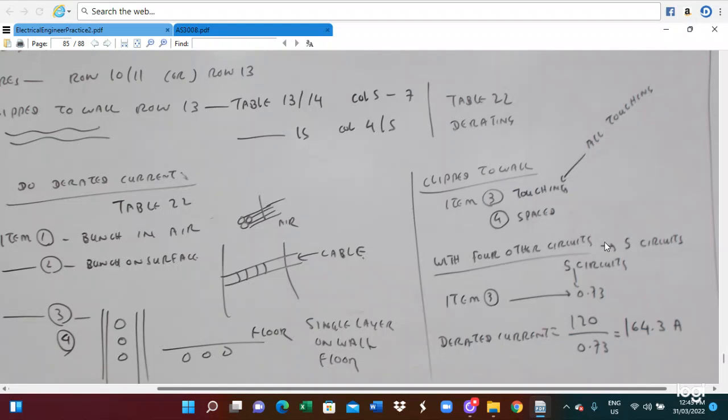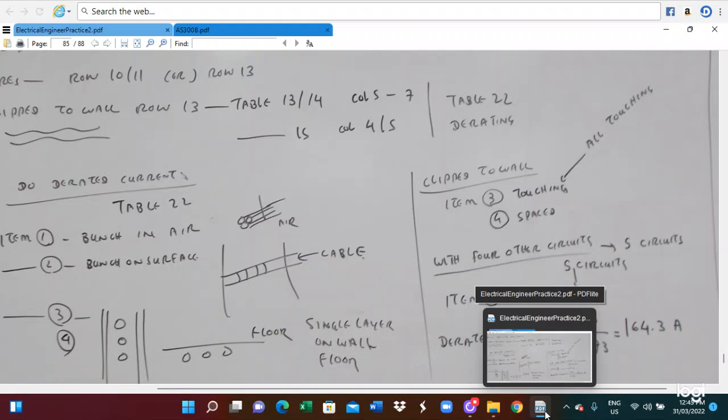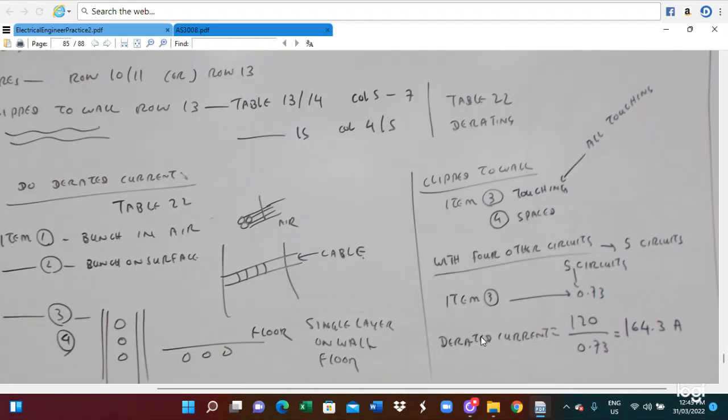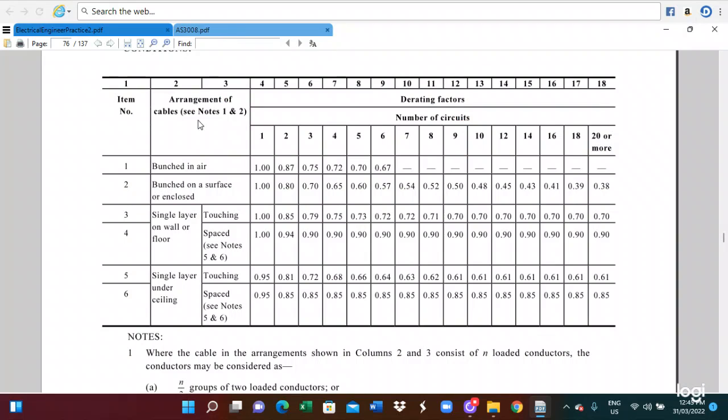The derating is given under item 3 or 4 because of the clip to the wall. Item 1 is bunching in air, 2 is bunching on a surface, enclosed, and 3 or 4 is a single layer on the wall, touching. Therefore, you have to select item 3, touching.